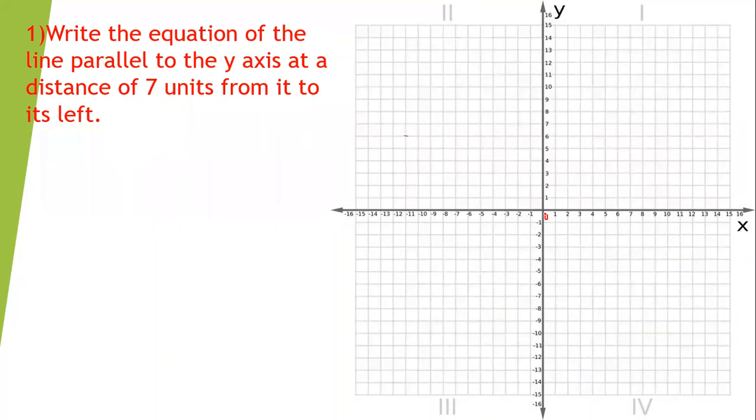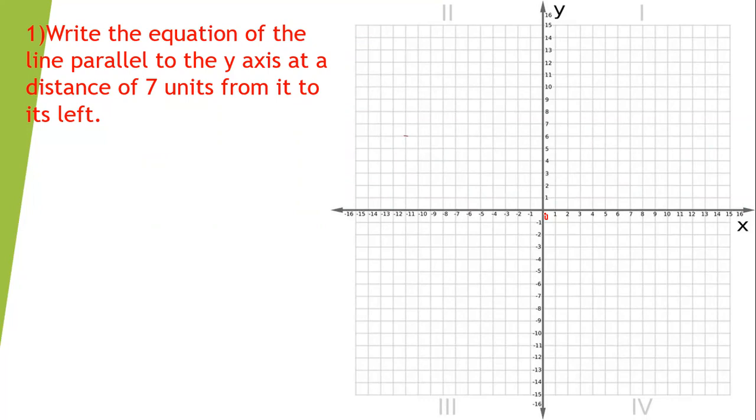Now, this you can do directly also. There is no need to draw the graph. But if we draw the graph, it will help us to better understand the sum. We can draw the graph in the rough and then write the answer.